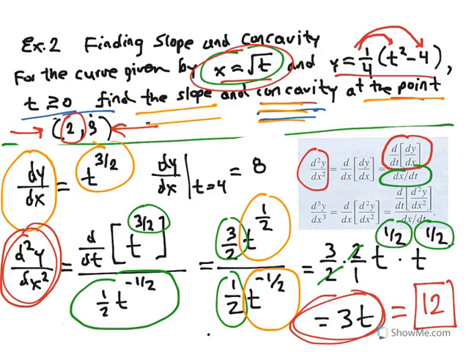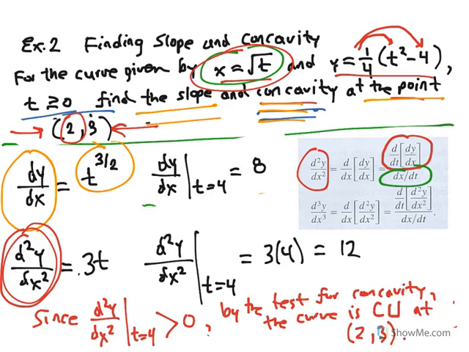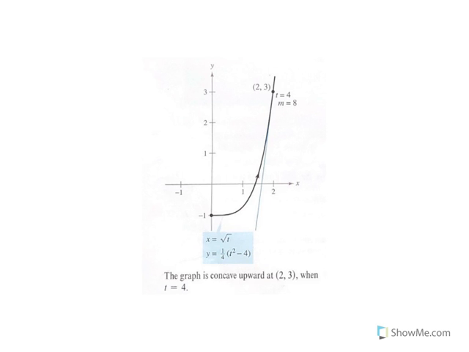So we know when we evaluate the second derivative at t equal to 4, we get 12, and therefore, it being positive, the graph must be concave upward at the point corresponding to t equal to 4, which is the point (2, 3). And here I write the conclusion that we are concluding that the curve is concave upward at (2, 3) by the test for concavity, and we're able to do that because we have found the second derivative to be positive at the value of t corresponding to the point (2, 3).